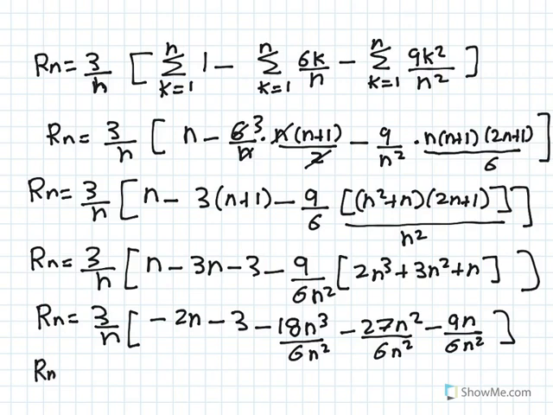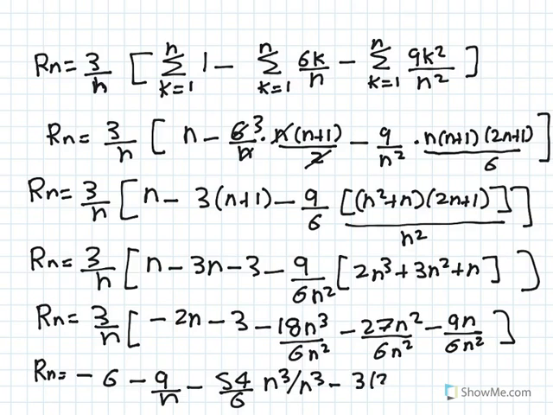So we get Rn is equal to minus 6 minus 9 over n minus 54 over 6, n cubed divided by n cubed, minus 3 times 27 n squared over 6n cubed, minus 27 n over 6n squared.